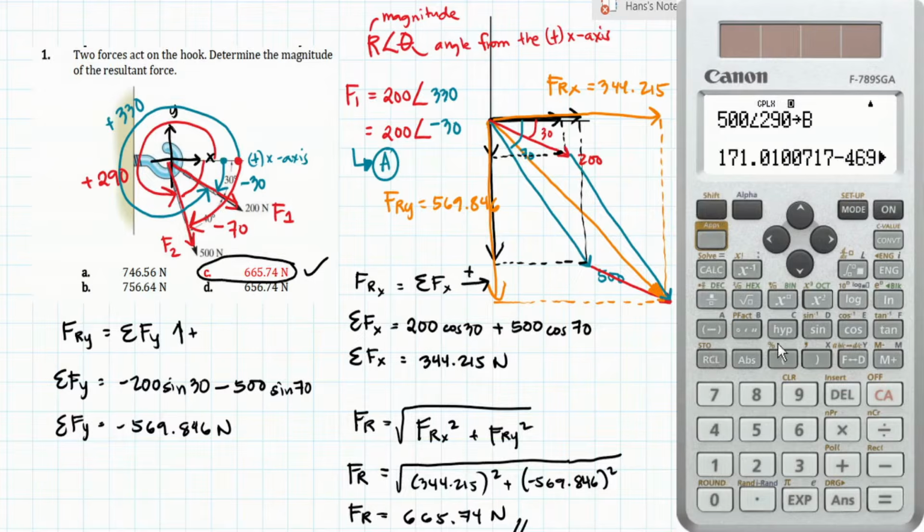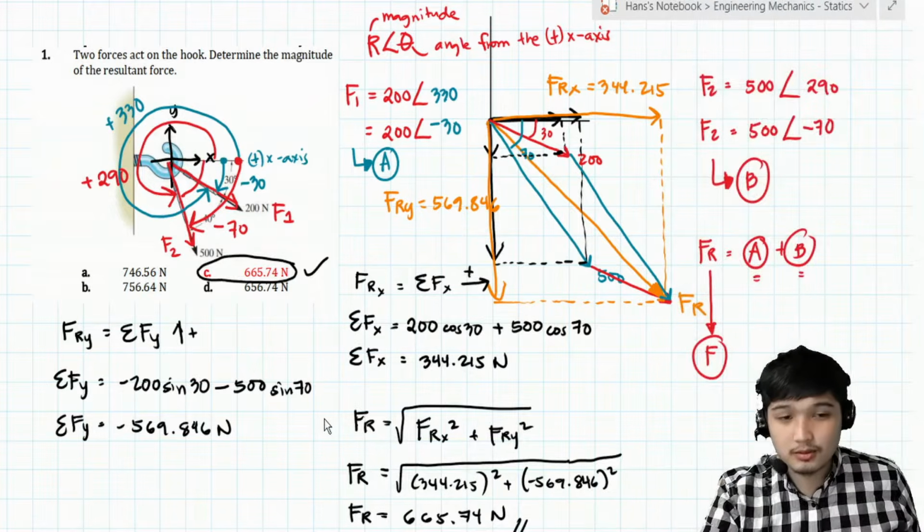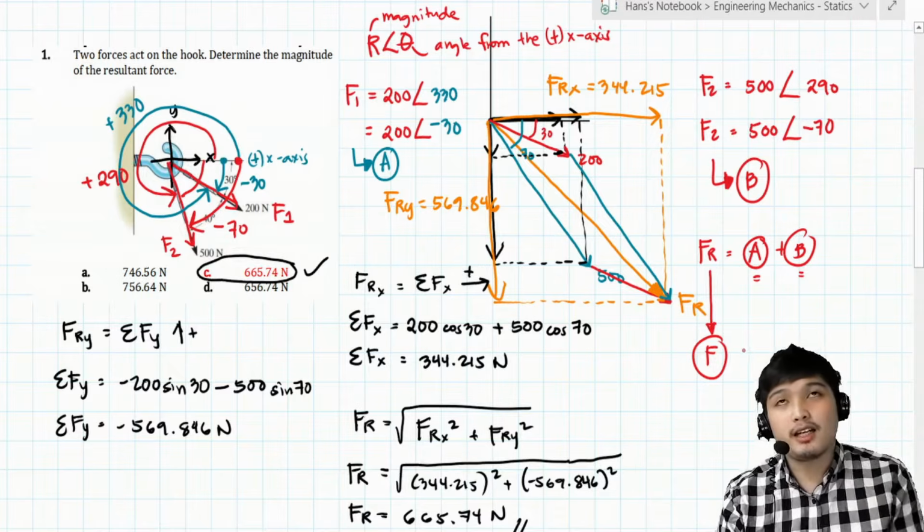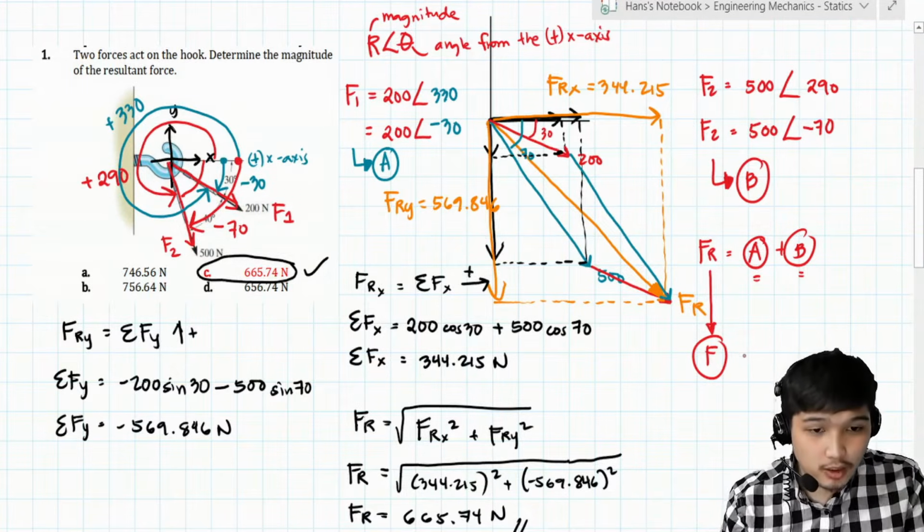So, store sa B. So, A plus B. Okay, so this one represents na yung resultant, which is store natin sa letter F. And then, kung mapapansin mo, may 344 and then 569. Di ba gaya ng sabi ko class sa surveying natin, yung ibibigay sa ating value na naka x plus yi.